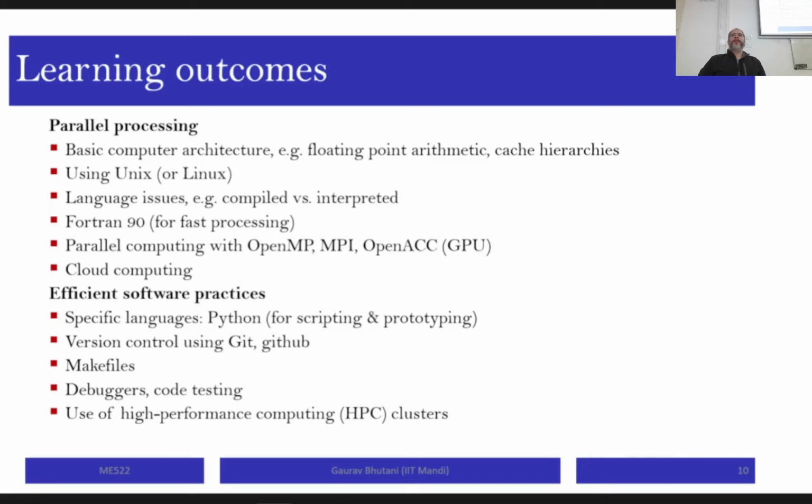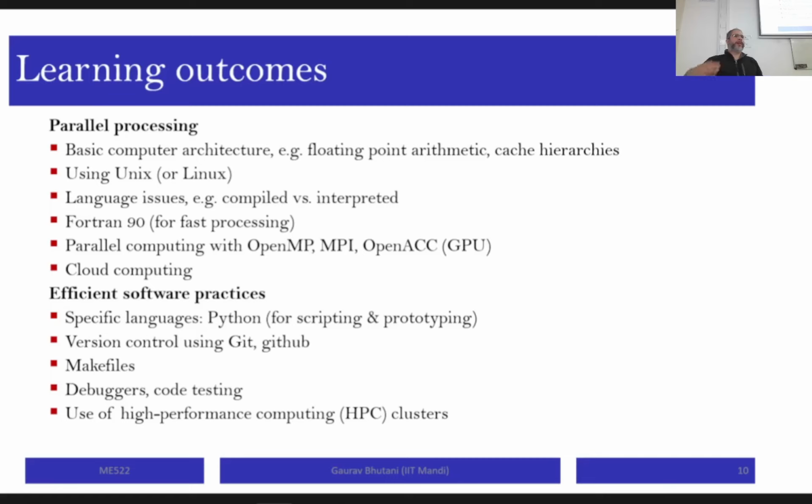Debuggers, we learn about debuggers a bit so that we can debug our codes if we get stuck with some error. We talk about code testing. It's also very important to develop tests, because when the software grows beyond a couple of people, there have to be some tests in place, so that when you contribute something in the future, the previous features should not stop working.